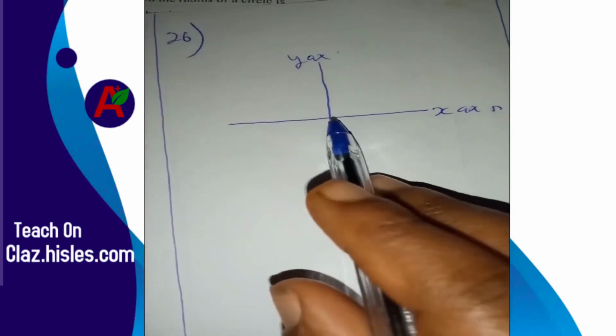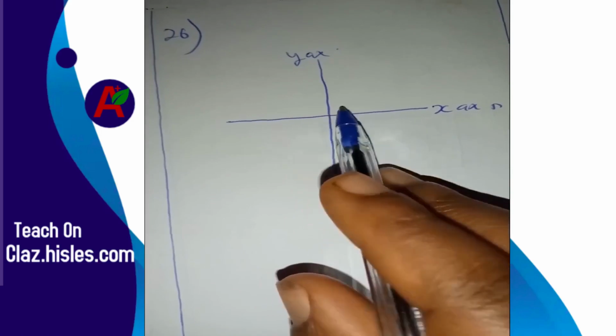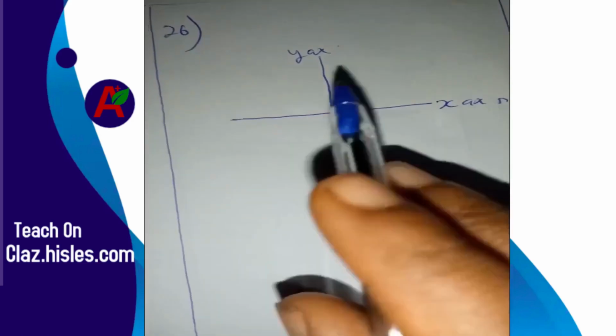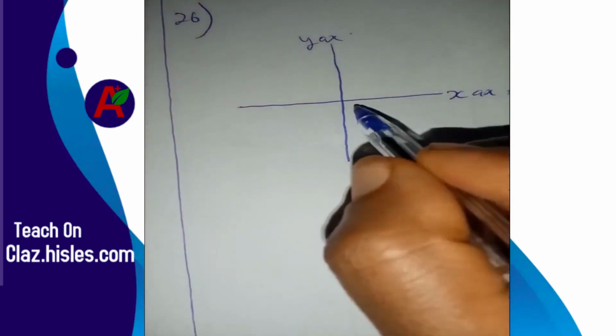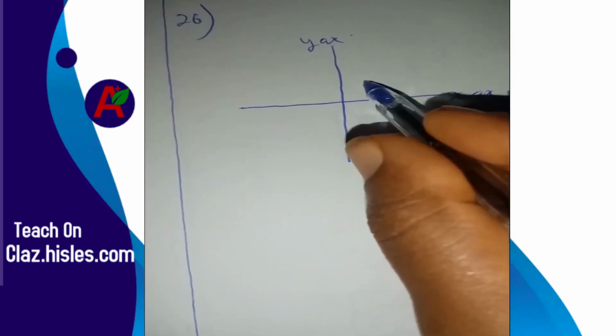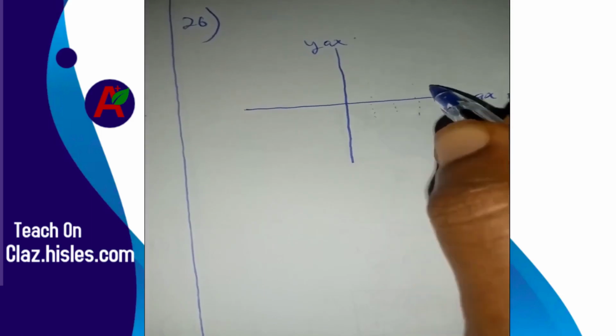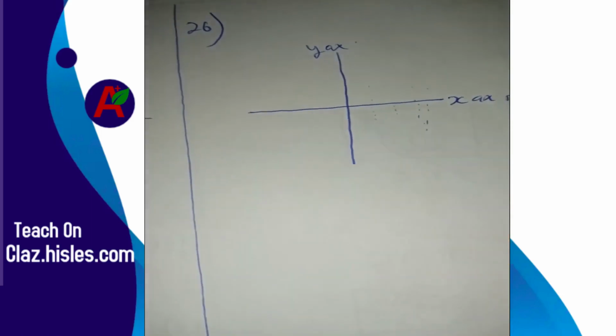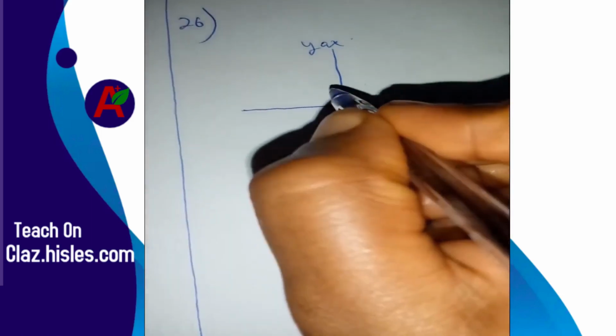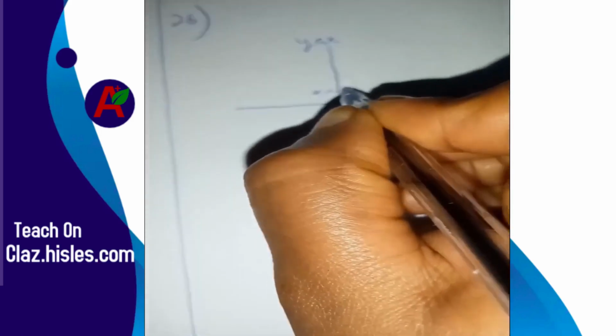Don't forget, whenever we draw the x-axis, x always maps in this direction, and y always maps in this direction.